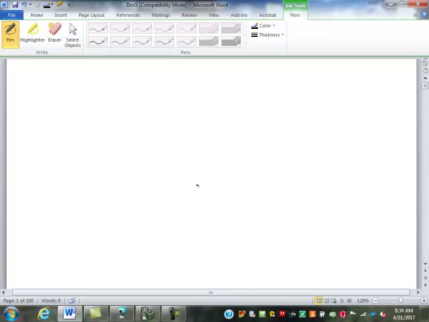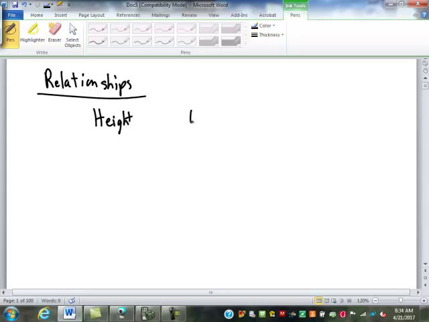What we're going to look at today is, rather than looking at single values, we're going to look at relationships between values. And when you start talking about relationships between numbers, you might look at things like height and weight, which are always a simple one. The taller a person is, the more they tend to weigh in general.